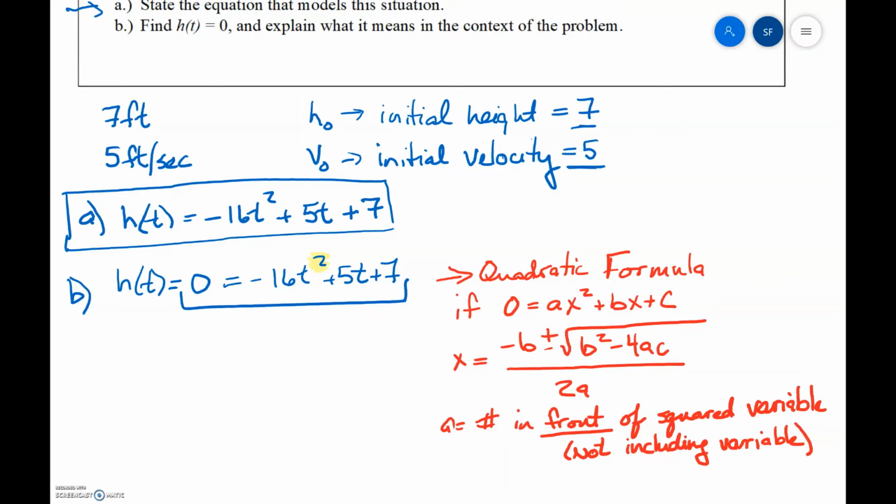B is the number in front of the variable without the square, again not including the variable. And c is the number by itself.